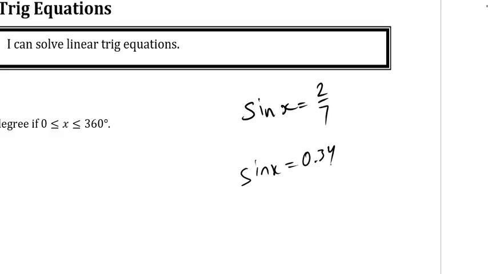If I use SOHCAHTOA backwards, what this is asking is the angle if that side length is 2 and that side length is 7.